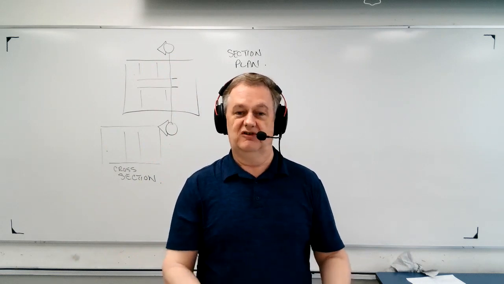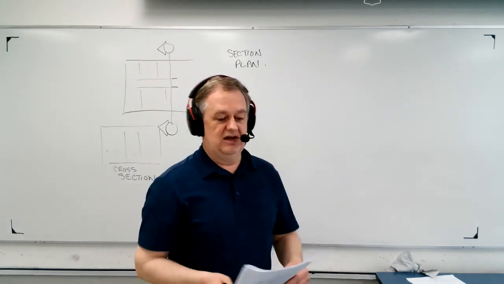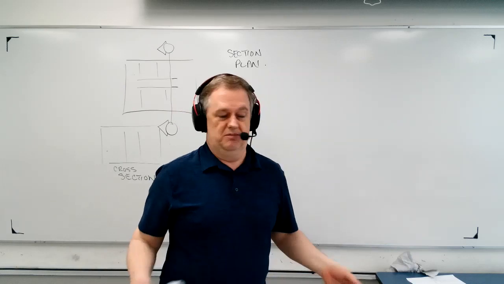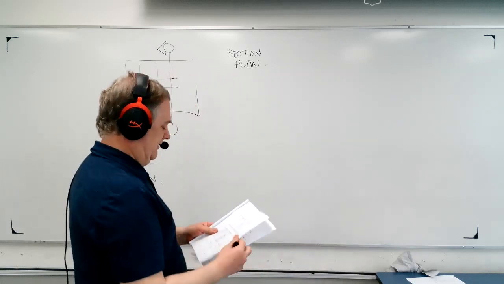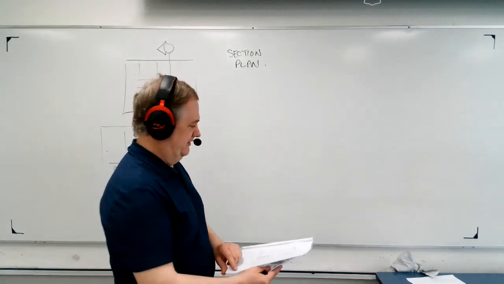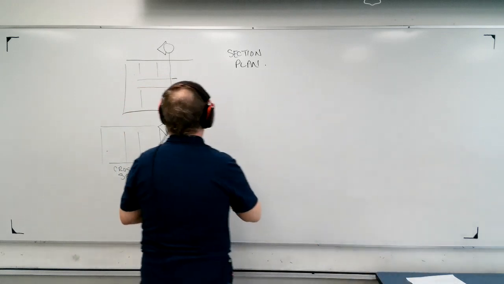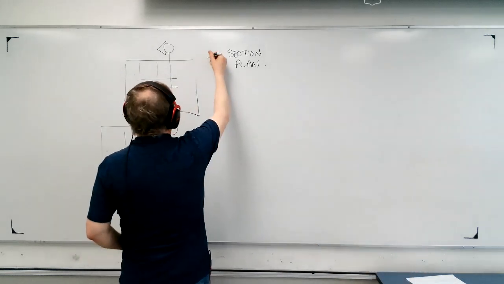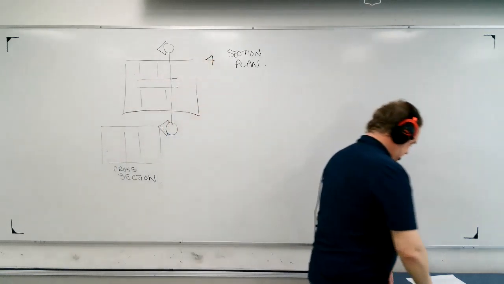You can see where the floor slab is. All of that detailed information that you could never show with a straight down view. So the section plan is something used a lot to describe in more detail things that need to be put together. Okay, so that's number 4, the section plan.